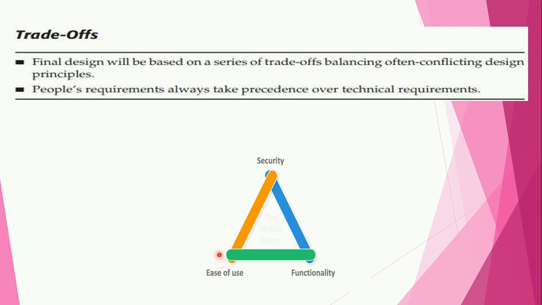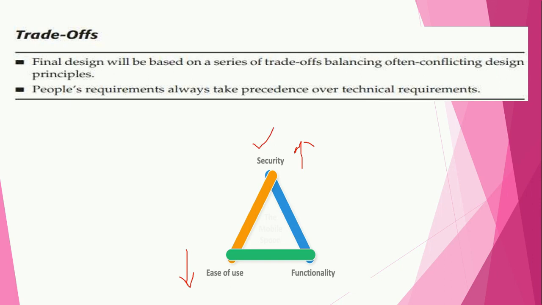There will be certain inconvenience for the user. He may not feel that it is easy to use. So when you increase the security here, ease of use will be decreased, and you have to balance this.